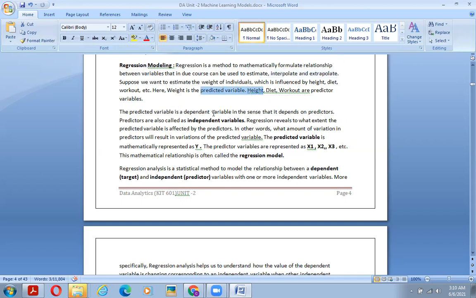The predicted variable is the dependent variable, in the sense that it depends on the predictors. Predictor variables are called independent variables. Here, height, diet, and workout are independent variables.